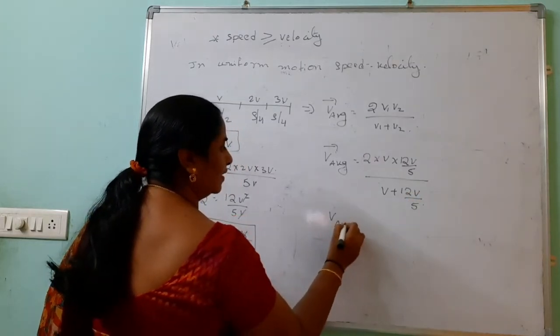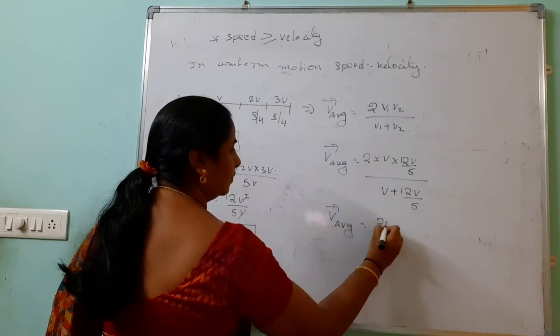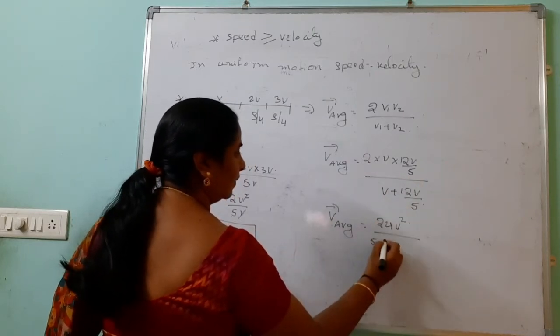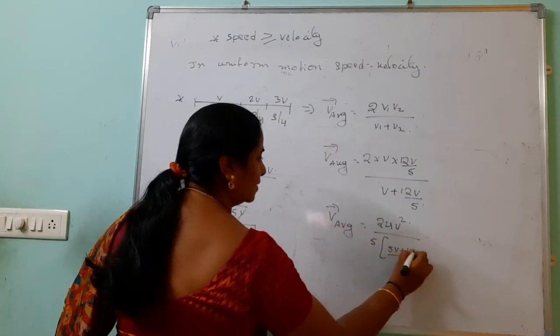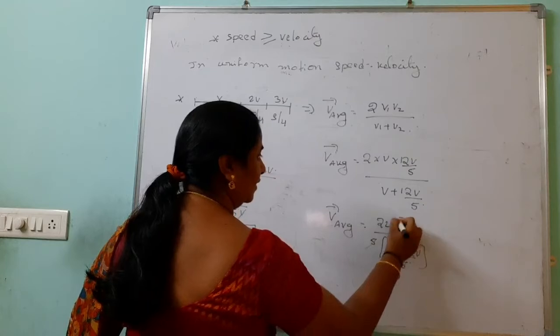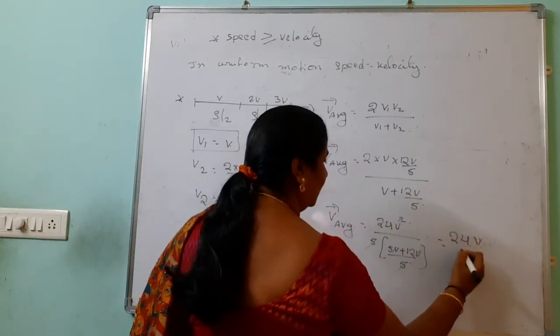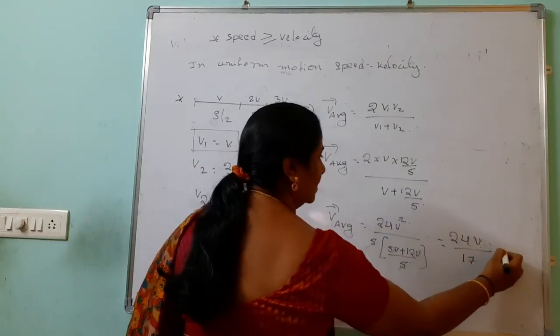So V average equals 24v square by 5, and taking the LCM, divided by 5v plus 12v. Taking v common, your answer is 24v by 17 meters per second.